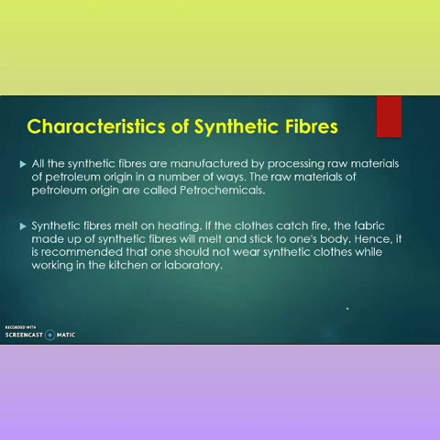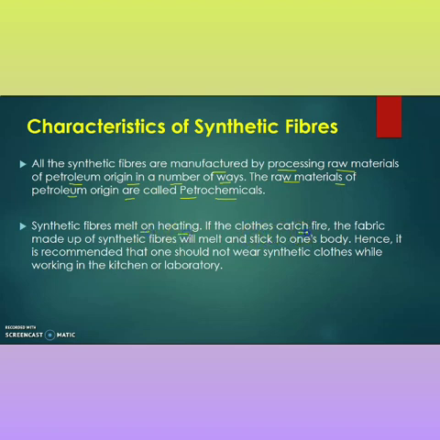Characteristics of synthetic fiber. All synthetic fibers are manufactured by processing raw material of petroleum origin in a number of ways. The raw materials of petroleum origin are called petrochemicals. All of you know about the Reliance refinery where petrol and diesel are obtained from the petrochemicals. So these are the byproducts of the petrochemicals. Synthetic fibers melt on heating.